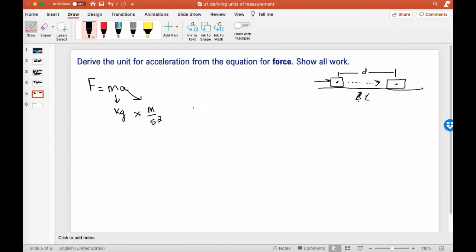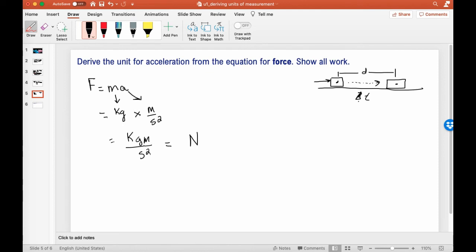So now we know that force is essentially equal to kilogram meters per second squared. That is the unit for force. Then you learned in your previous physical science class that we have a shorthand notation for this, which is just capital N, which we call a Newton. So both of these are the exact same unit. Now we've derived the unit for force from the force equation.